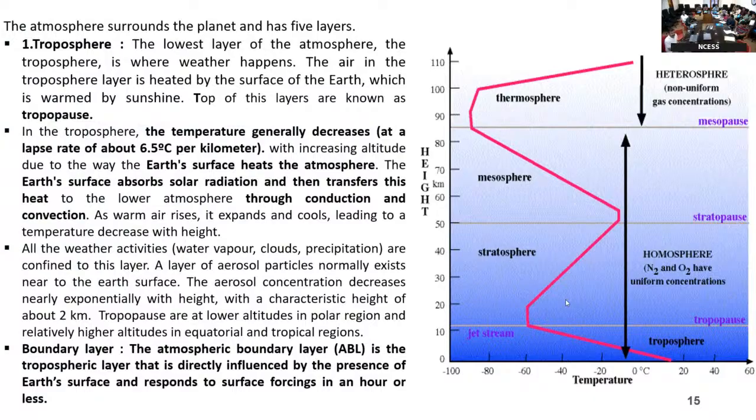So let me explain the troposphere. Many of you know it. It is the lowest part of the atmosphere, and you can see the temperature on the right side. The temperature is decreasing up to minus 60 degrees, and the top of this layer is called the tropopause.